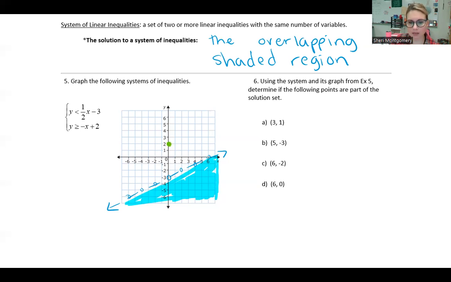Down 1 over 1. Where does that symbol tell me to shade? Above or below? Above. So think about where you think shading above is.